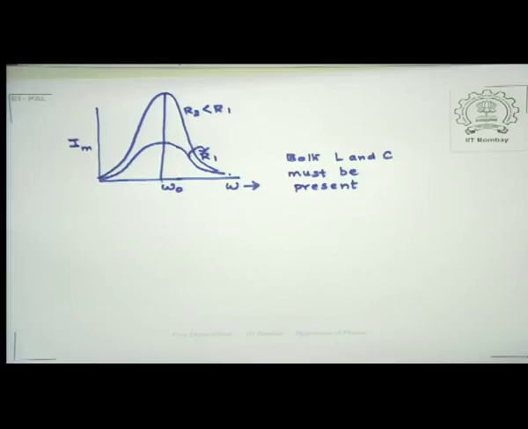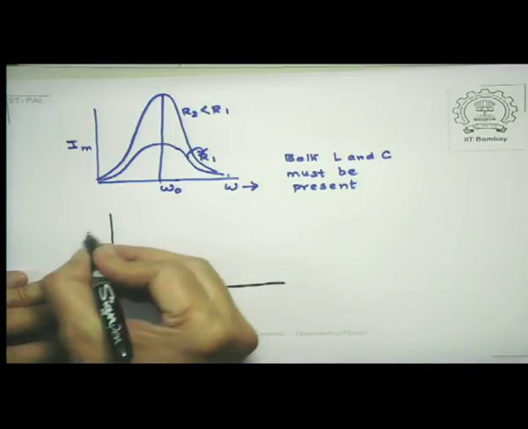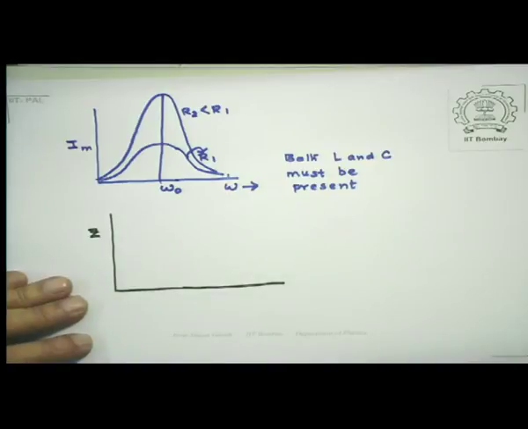Now having defined what is resonance, let me try to look at the sharpness of resonance. But before that, let's look at that. Suppose I am plotting the impedance Z. What type of situation do we have?